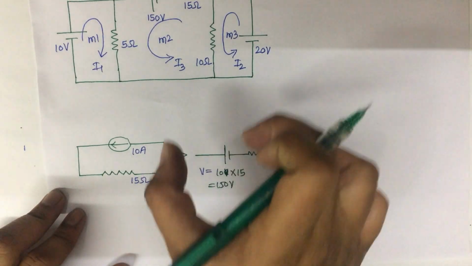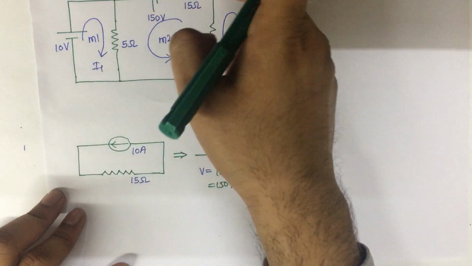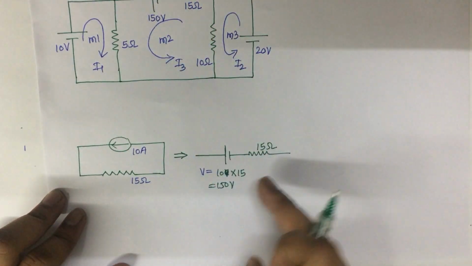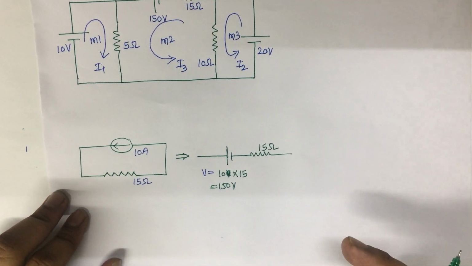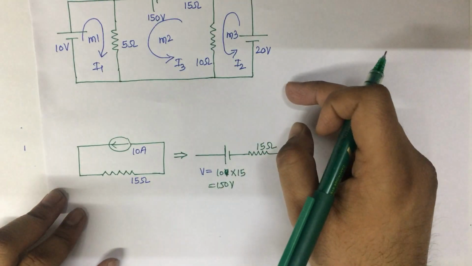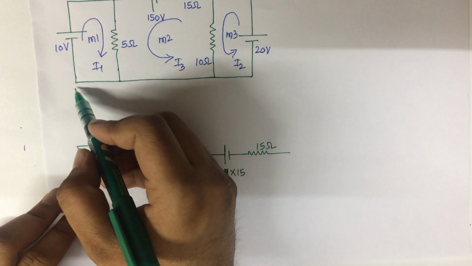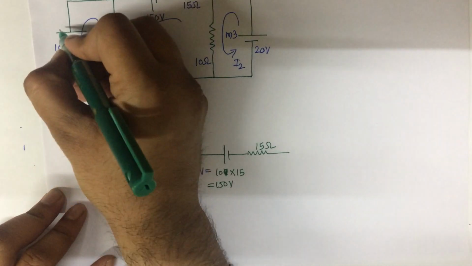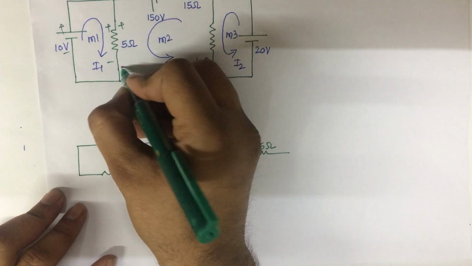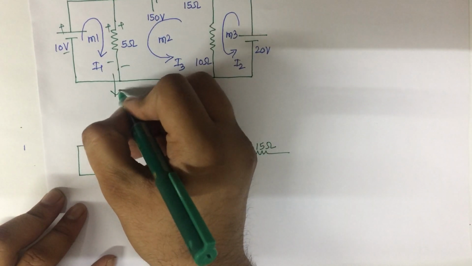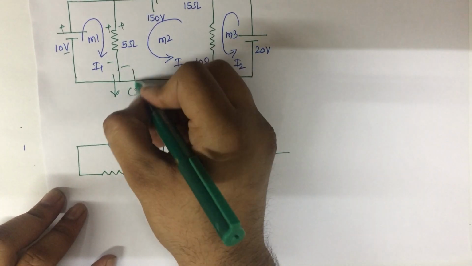So we take this section and supply it in the main question. So this is 150 volt and 15 ohm resistance we connect here. Now in this problem we apply KVL. Start from here, apply KVL. So this is plus, this is minus, this is plus, this is minus, this is plus, this is minus. The net current flowing in this direction is I1 plus I3 for both.